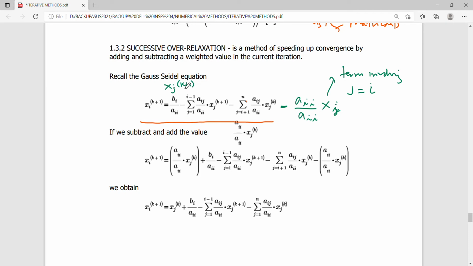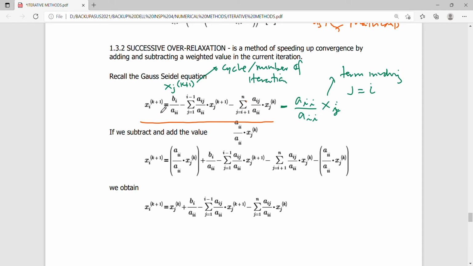So when I say k and k plus 1, I'm referring here to the cycle of iteration. Okay, it's the cycle or the number of iterate. So it refers to the first, second, third, fourth, fifth.